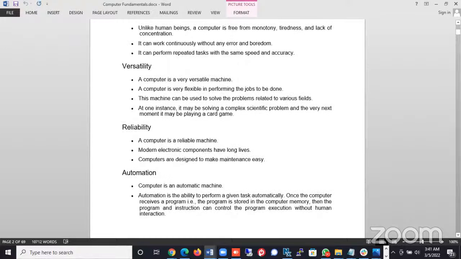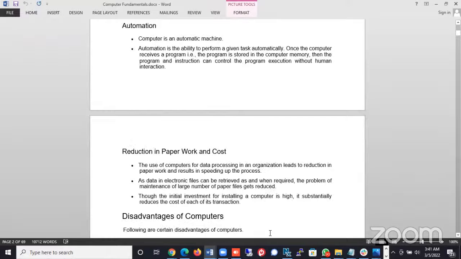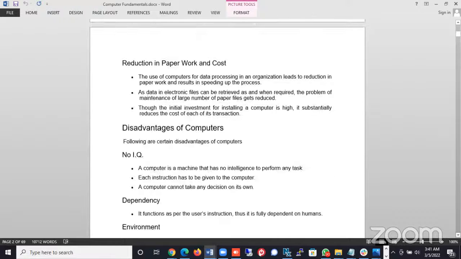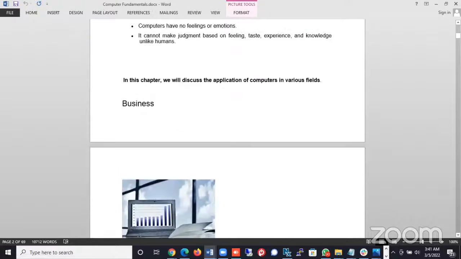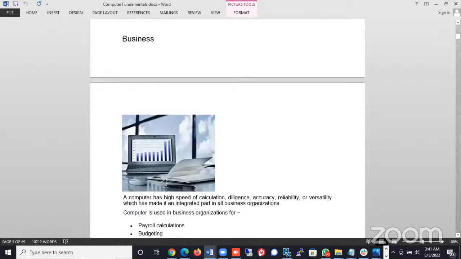Let me start going through the functionalities of most of the parts of the computer, then we'll come to talk more about it. This part talks about the use of it, and we have so many uses of the computer.